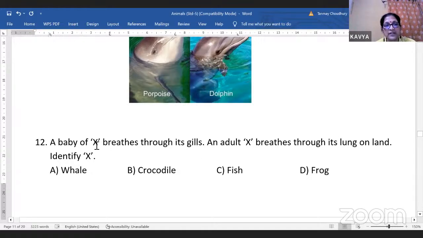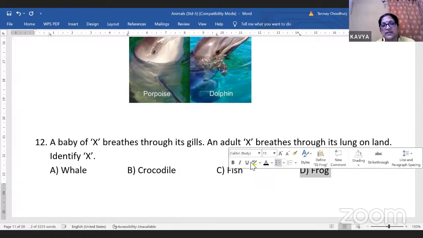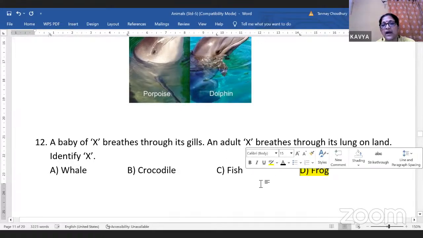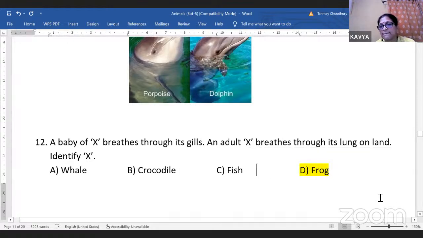So here the baby breathes through gills and the adult breathes through lungs. But fish, all along, breathes through gills. So this cannot be. So it will be frog. Why? Because the young one of a frog breathes through gills and the adult breathes through lungs. That is why they are amphibians.